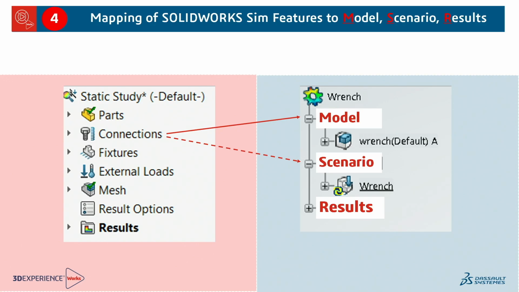And that's why we brought Mark in, who explained to us in detail how that works. And then scenario, fixture and external loads will map into scenario, because scenario is where you define the boundary conditions that you want to apply to the object that you want to simulate.